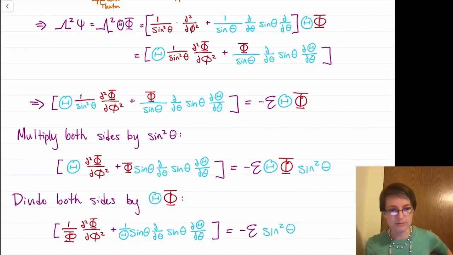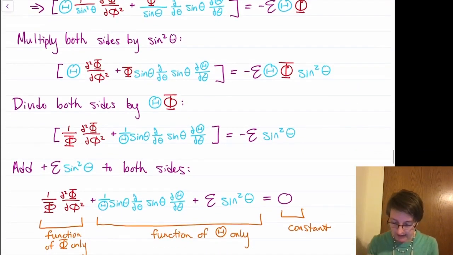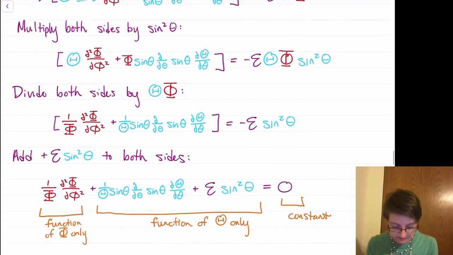Our one bummer at this point is that this term is not equal to a constant, it's equal to something that's a function of theta. So last but not least, I am going to get rid of that by adding epsilon sine theta to both sides. And now, once I've done that, I have an expression that has a term that depends only on phi, my phi function, plus a term that only depends on theta, and all of that is equal to a constant.